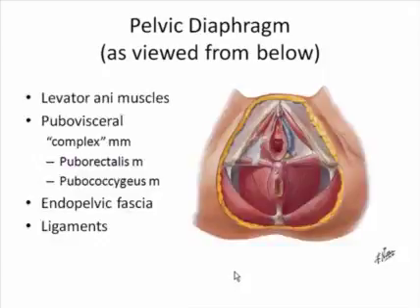As imaged from below, I show the levator ani muscles, the pubovisceral complex, which is basically made up of the puborectalis and the pubococcygeus muscles. Also shown here are the endopelvic fascia and the ligaments. And this makes up the pelvic diaphragm.